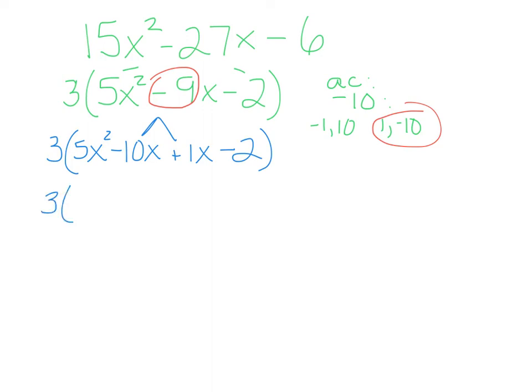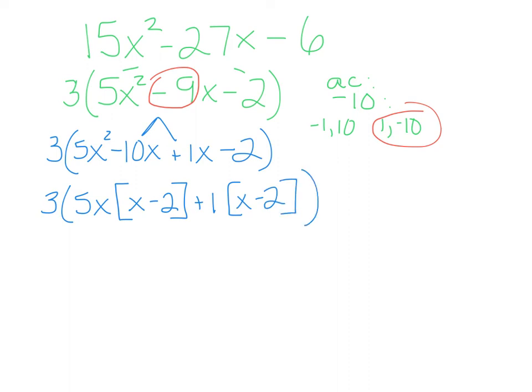So I'm going to take out a 5x. So I've got x minus 2. What can I take out of this? Nothing. So plus 1, and I've got 1x minus 2.